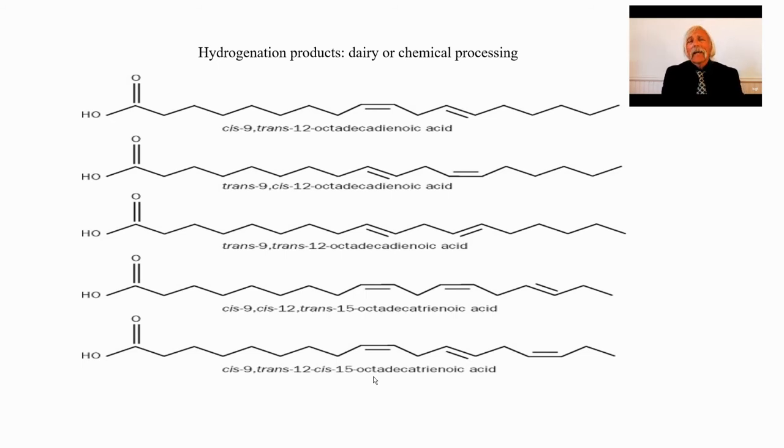Now, the reason they carry out partial hydrogenation of fatty acids and generate some of these trans fatty acids is to control the level of polyunsaturation in foods. Why was the food industry doing this? It was doing it to control rancidity because of auto-oxidation of stored food. That's why chemical hydrogenation was being performed.